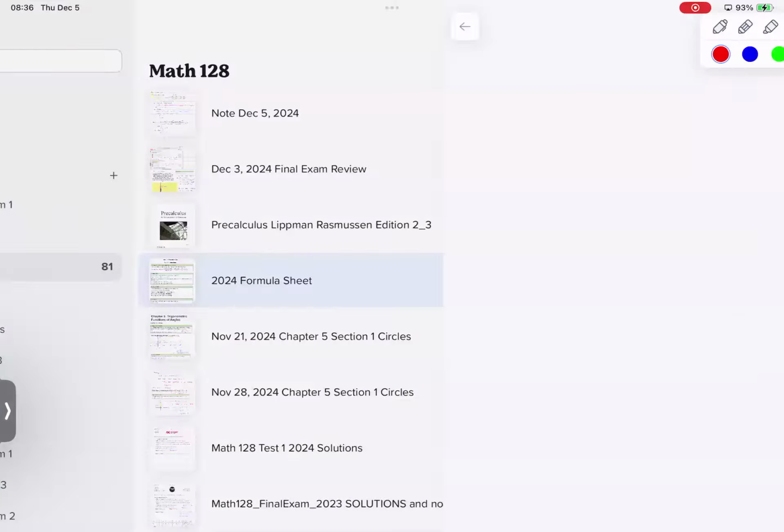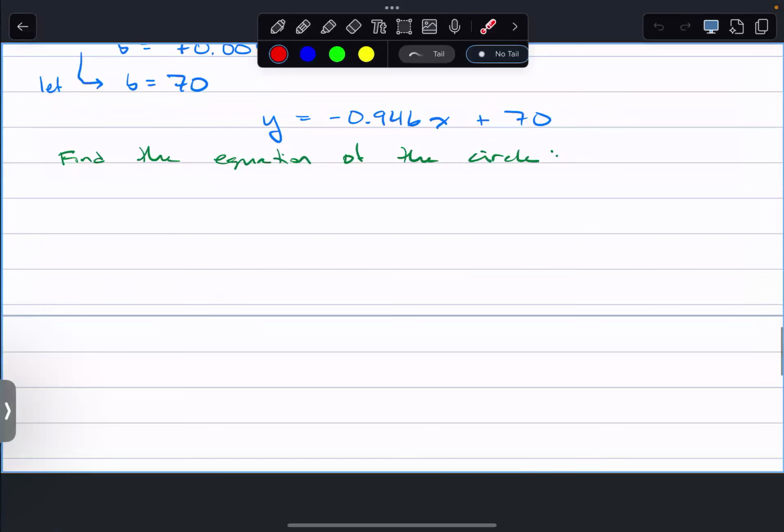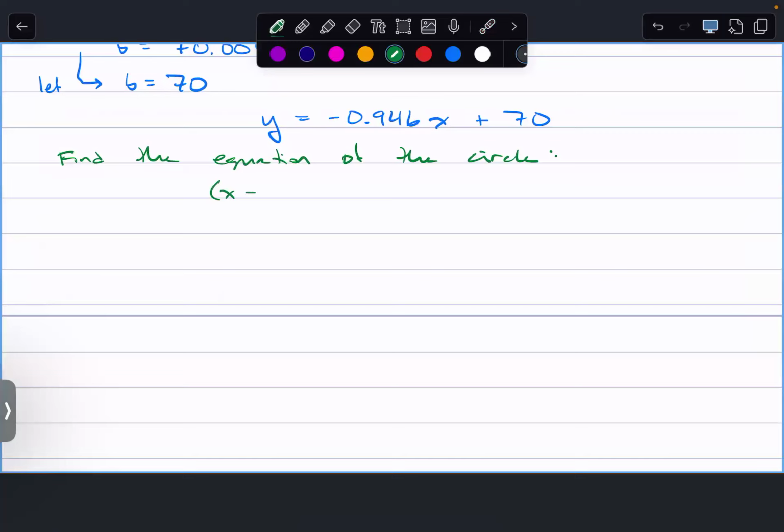So we've got x minus h squared plus y minus k squared is equal to r squared. In our situation, we have x minus 0 squared. You don't need to show this, but I want to highlight that h and k are both 0, is 53 squared.